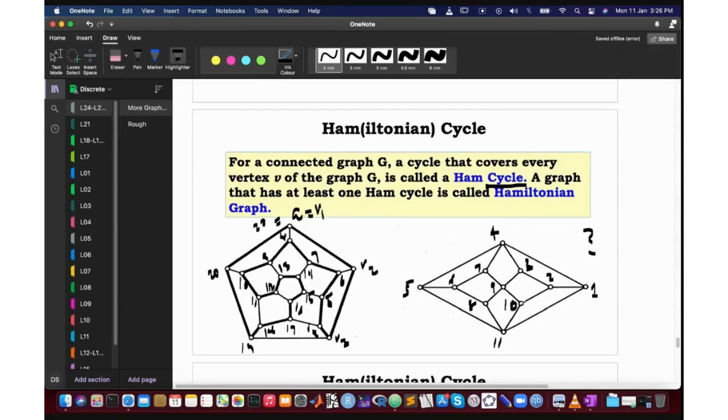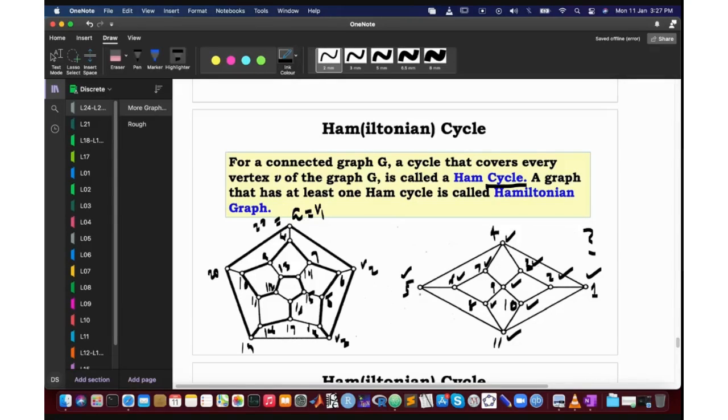Okay, go ahead. 5, 6, 7, 4, 5, 6, 7, 3, 2, 1. From 6, 7, where did you go? 4. Yes. 3, 2, 1, 11, 10, 9, 8. Then what?